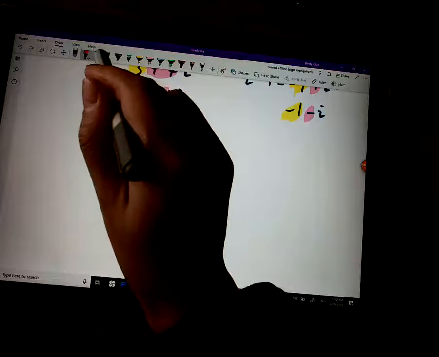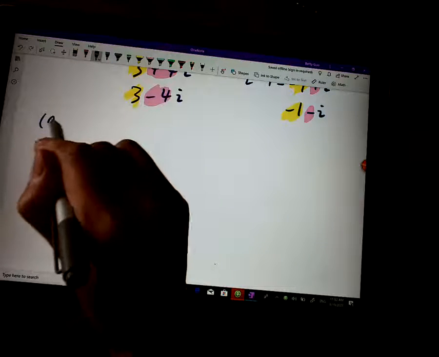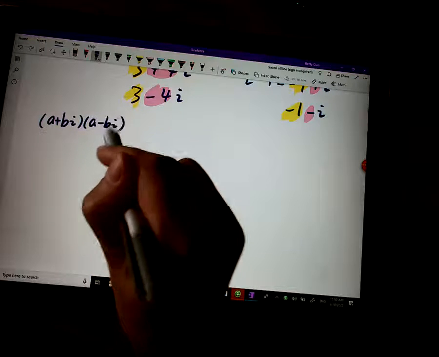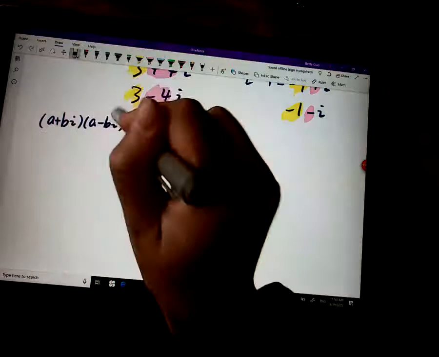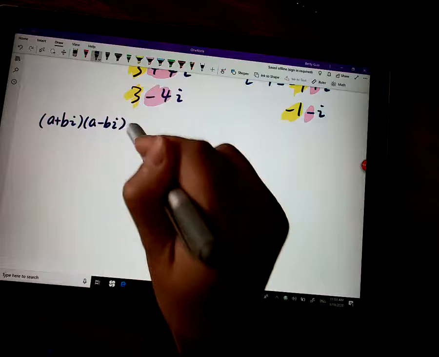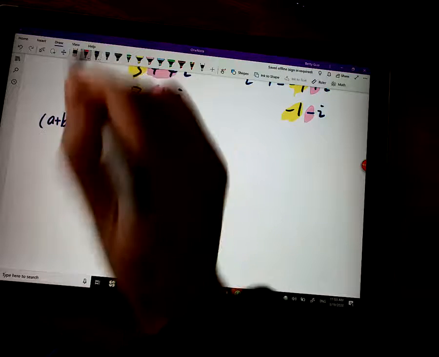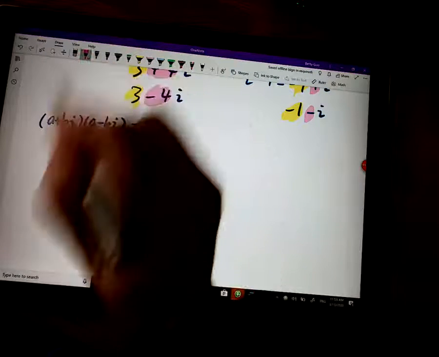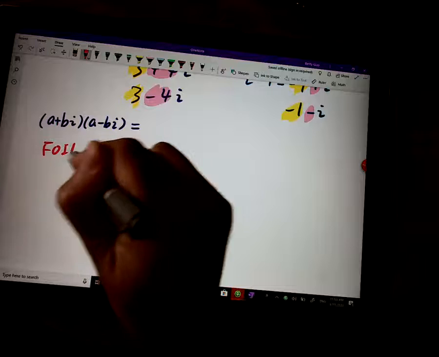Let me prove it. a plus bi, a minus bi. I thought people like the other method, but then they told me they like FOIL better. So we're gonna FOIL here.